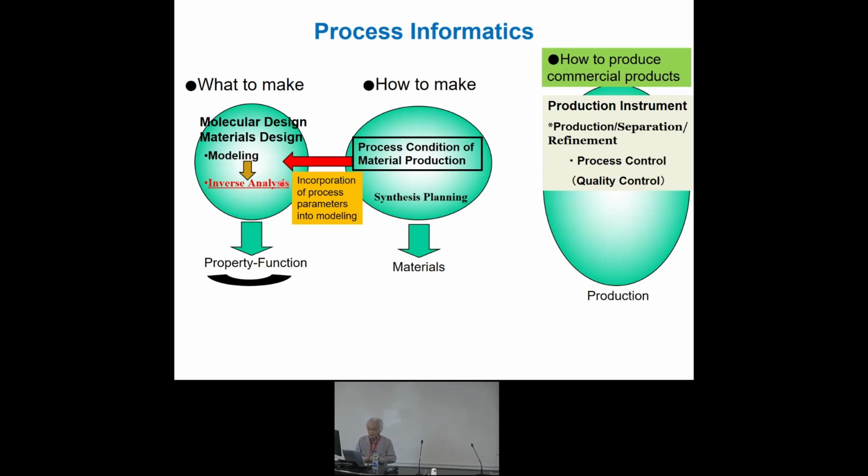Because the property of materials is strongly affected by process condition, even for the same starting material. And in how to produce a commercial product, process control, namely quality control of the product, is definitely important. In this step, the quality of the product is monitored by a soft sensor online, and the quality is controlled by operating process parameters.